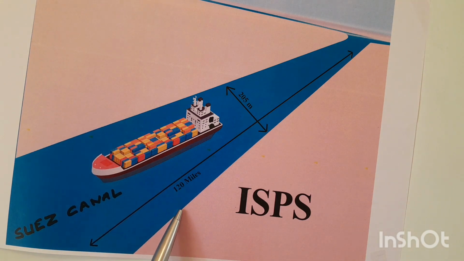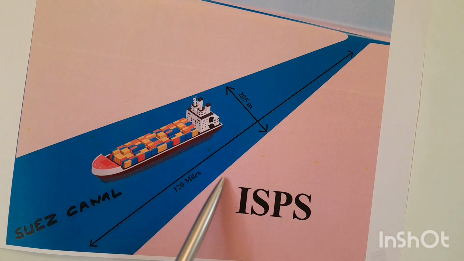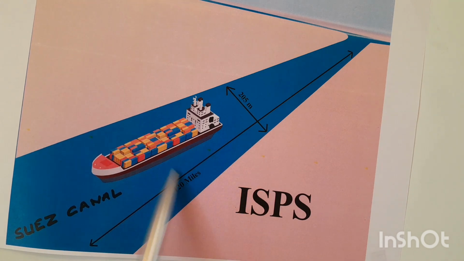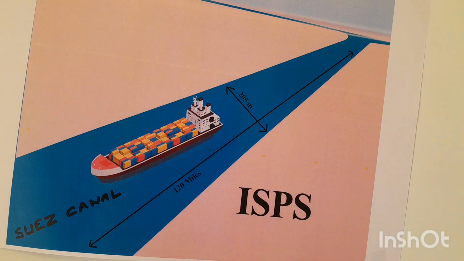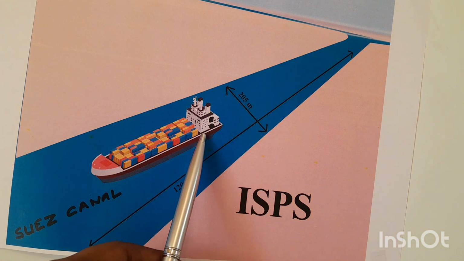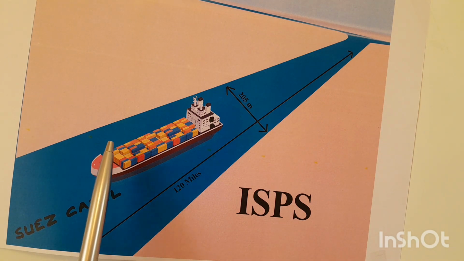So any sea robber can take a speedboat and try to enter from any one side. There can be one boat or multiple boats together trying to enter the ship. They enter the ship, capture the master, and demand a ransom running into hundreds of thousands of dollars from the shipping company, the company which owns the vessel.